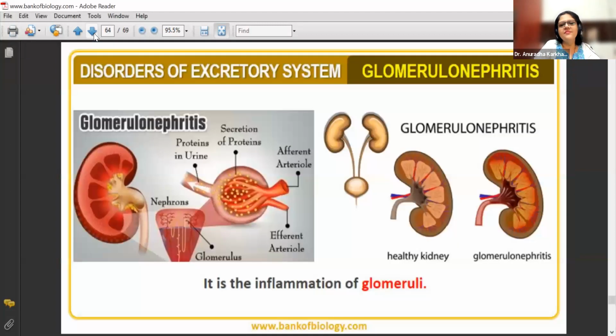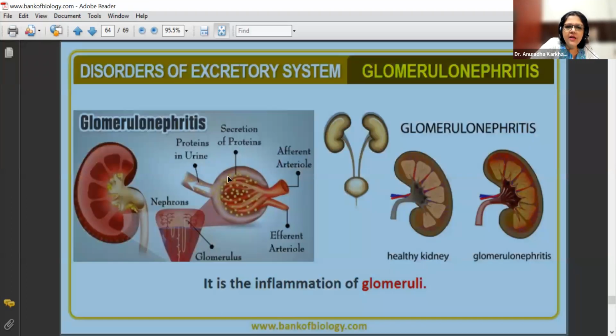Then we have something called glomerulonephritis. Glomerulonephritis is the inflammation of the glomeruli. You can see in this diagram the glomerulus which has become inflamed, and that has caused proteins to come into the urine. Normally proteins should not be thrown out of the body.